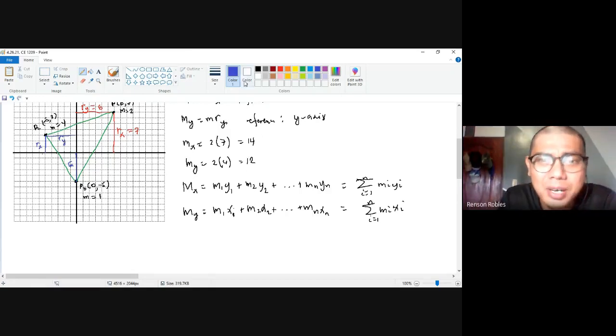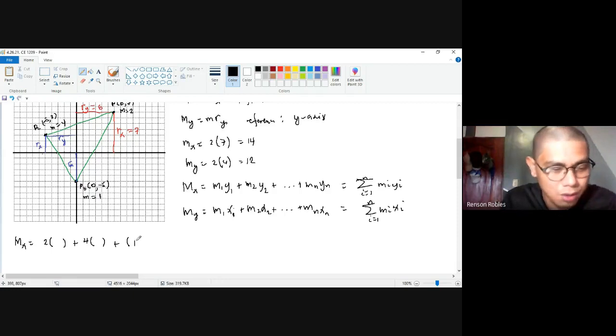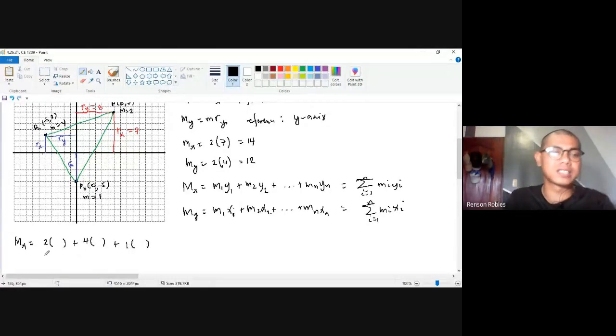So we have moment in x is equal to the masses, 2 times, plus 4 times, plus 1 times, then let's put in the distances. This is moment in x, so we are getting all the y components.